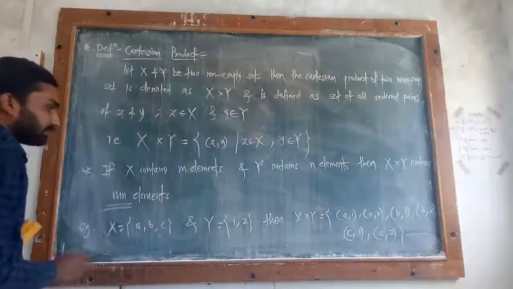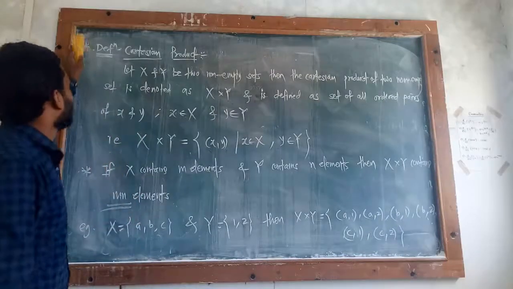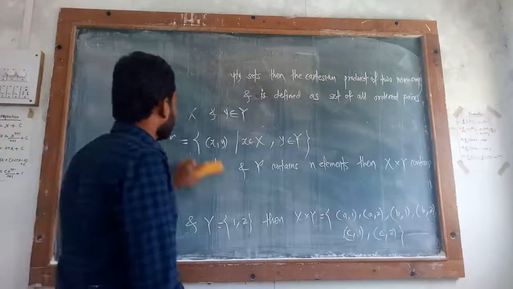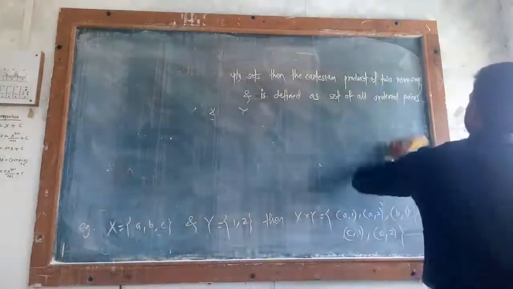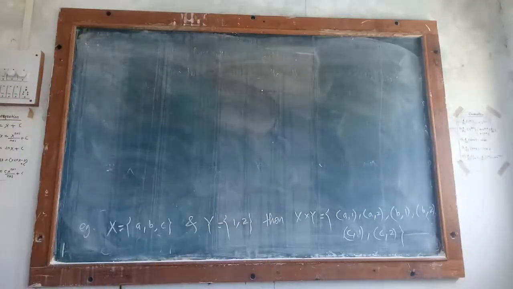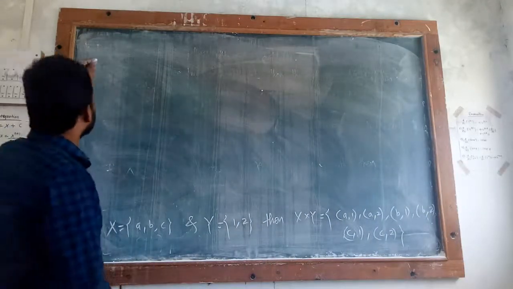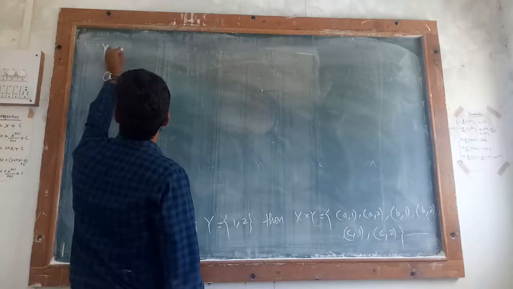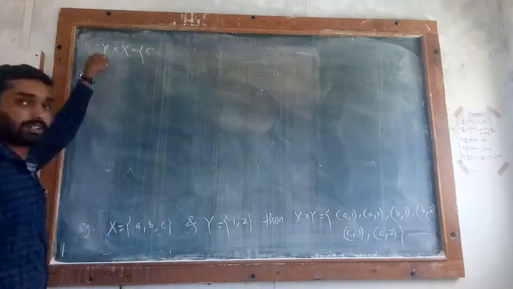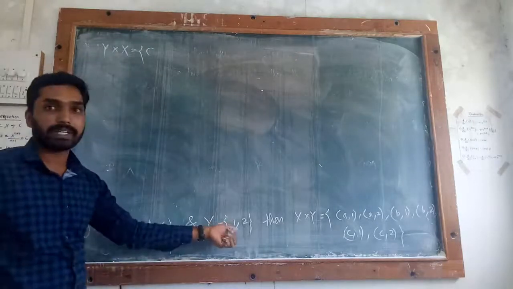If we want to find Y cross X, then what is your Y cross X? Y cross X contains the first element of Y. What is the first element of Y? That is 1.